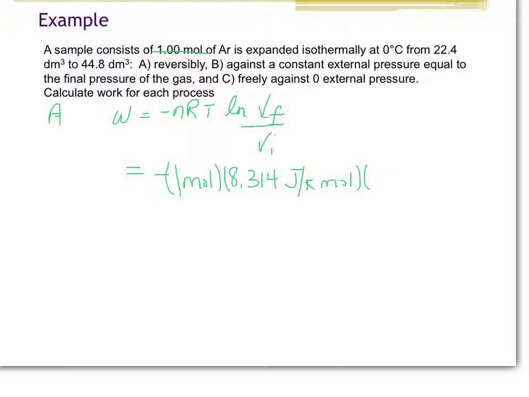Our temperature is 273 Kelvin, and our final volume is going to be 44.8 cubic decimeters, and that's the unit that we always want to have our volume in, 44.8 cubic decimeters and 22.4 cubic decimeters.